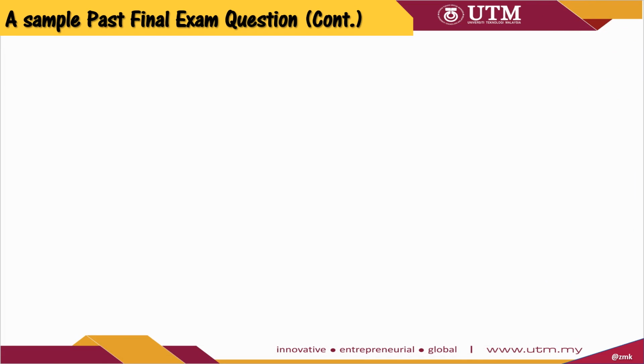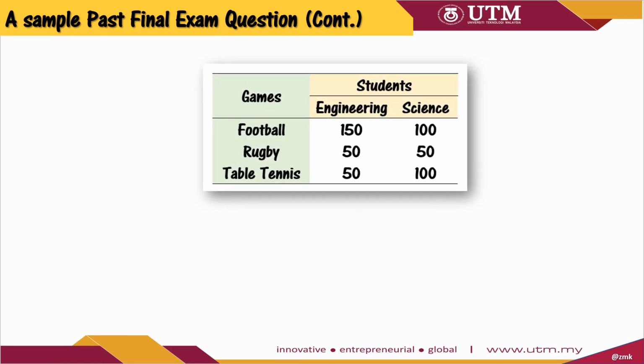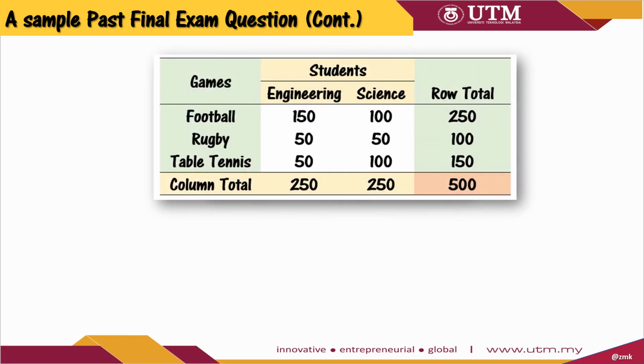To answer the sample past final exam question on a homogeneity test, as before, we can begin with calculating the values of EIJ for all the 6 cells. The sample data were given as follows. Again, find the marginal totals first, which are the row and the column totals as listed below.